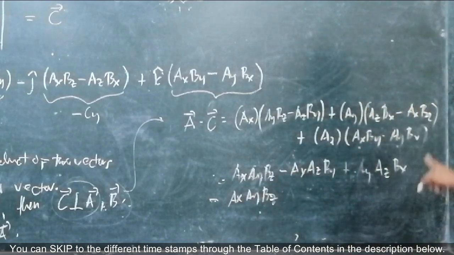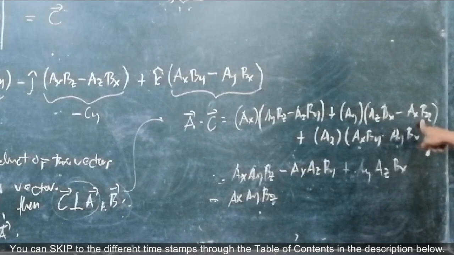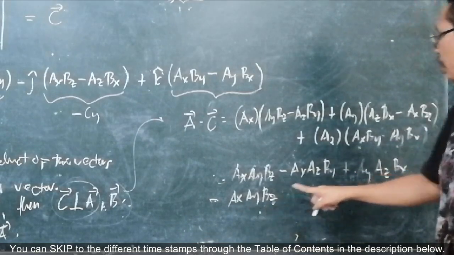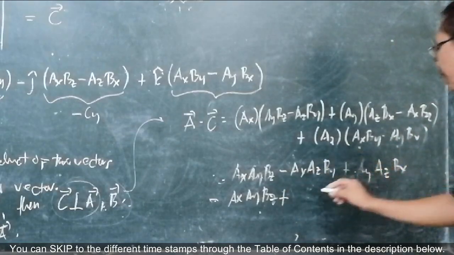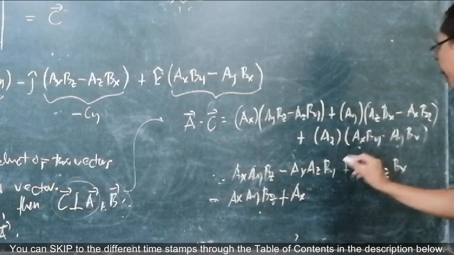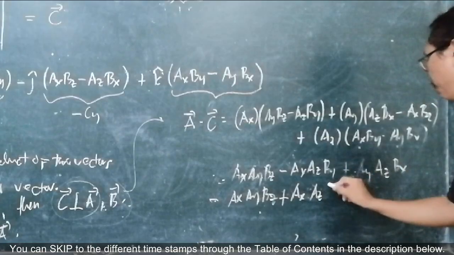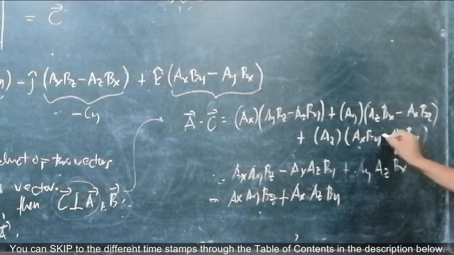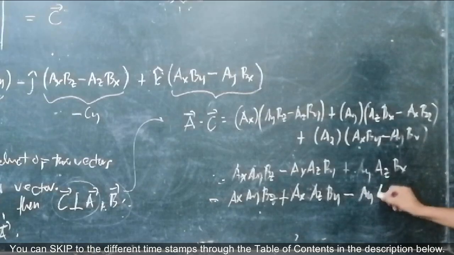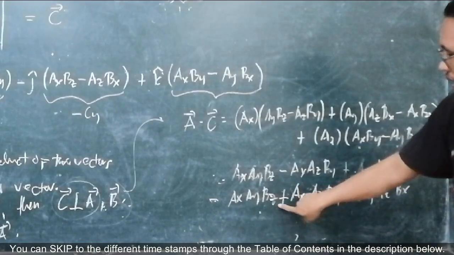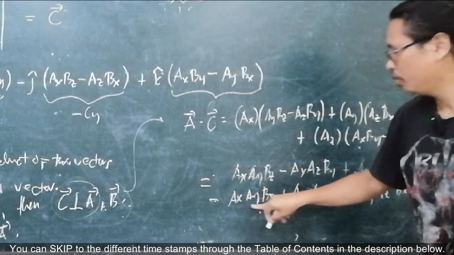Then plus AX AZ BY minus AY AZ BX. Di ba, this is the negative of that?